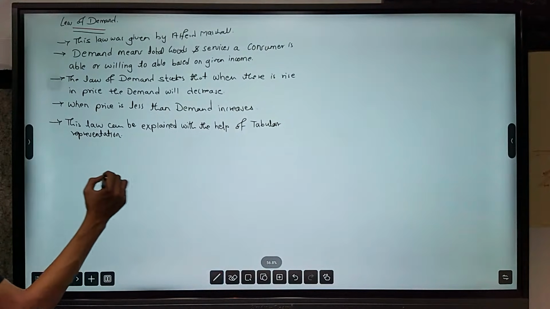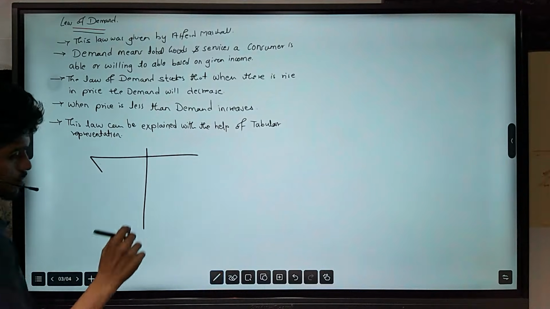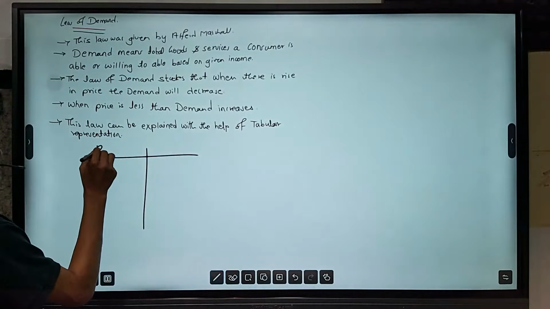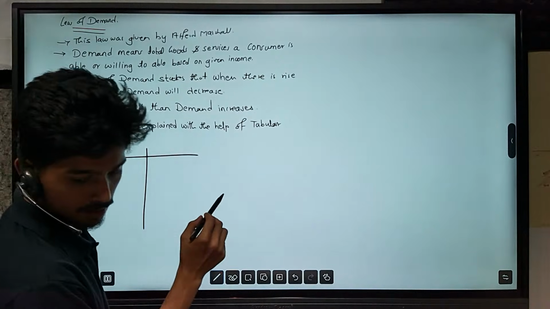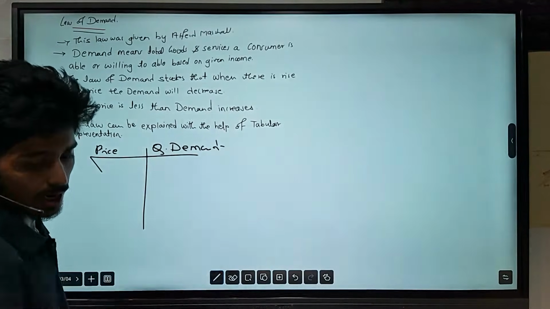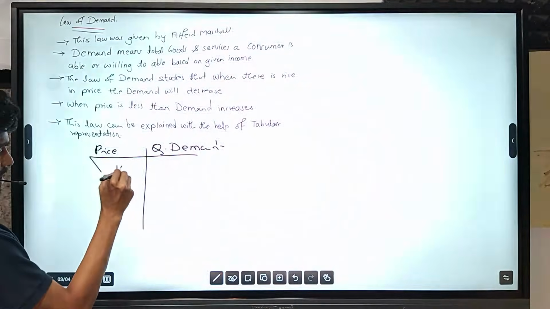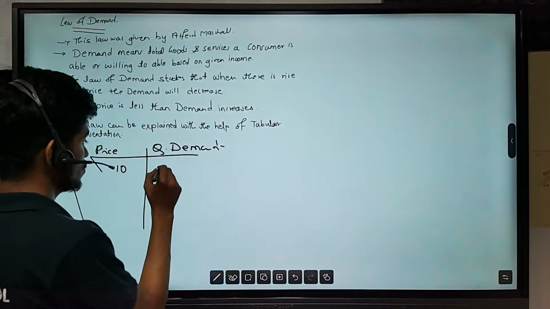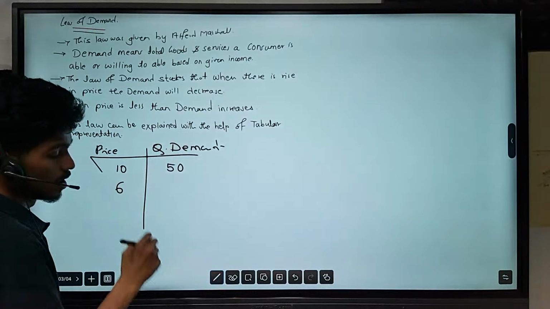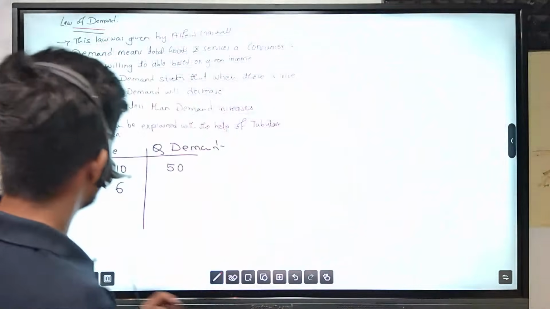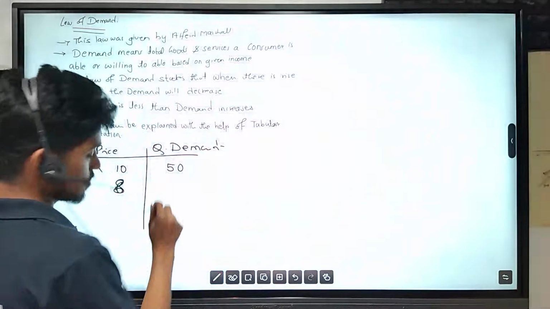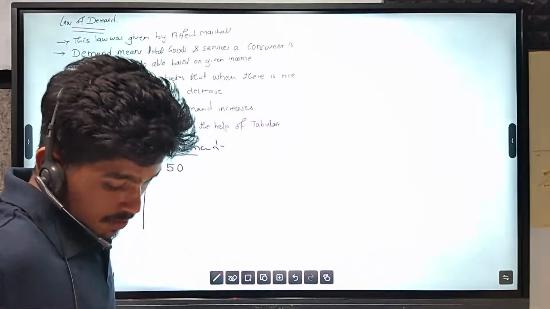How are you going to show the tabular representation? You can mention it as price and quantity demanded. Now you can write, for example, when the price was 10, the quantity demanded was 50.